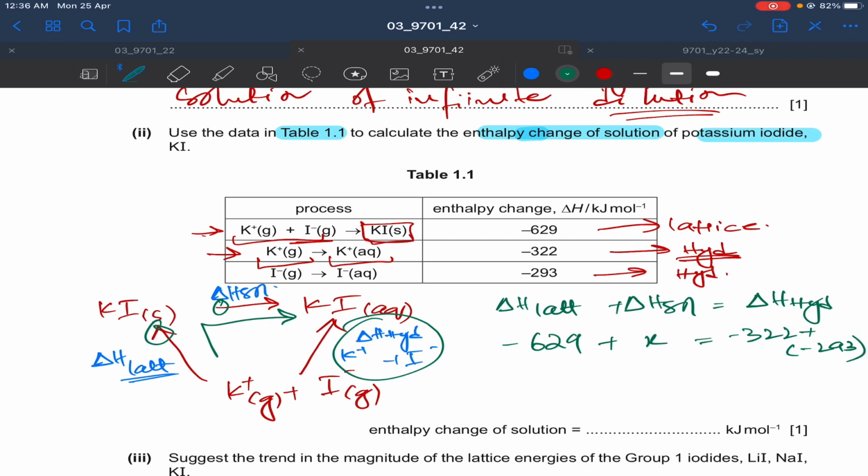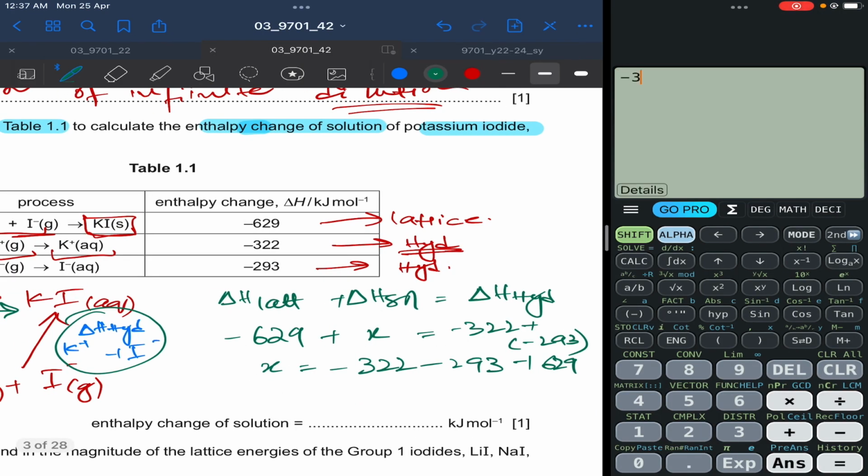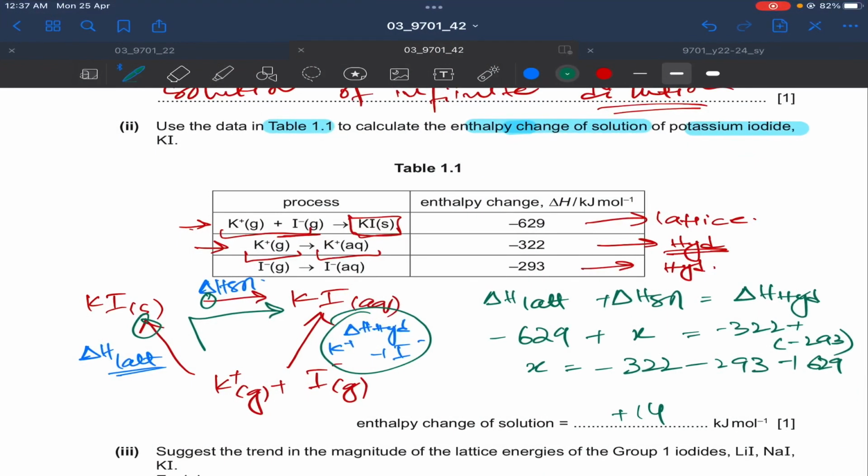Right, so X would be equal to minus 322 minus 293 plus 629. So the answer is plus 40. All right, so this is the enthalpy change of solution for potassium iodide.